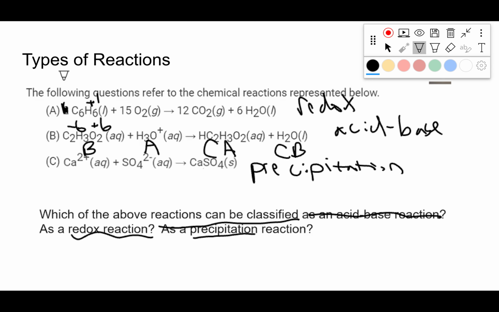Remember, ignore the coefficients for right now. They don't matter for the charges. If there are 6 carbons and overall they are a negative 6, then carbon is going to be a negative 1. This one is oxygen by itself. If it is in its elemental form, whether it has a subscript and is diatomic or not, it is going to be a charge of 0. Over here, oxygen is always a negative 2.